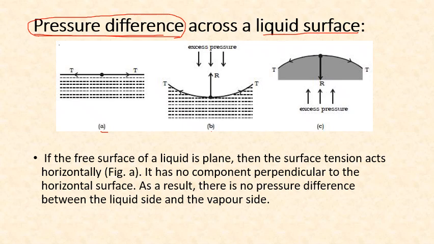Consider liquid 1, that is, figure 1, where the surface of the liquid is a straight line. Now, for a surface to be straight like this, let us consider a particle lying on the surface here. It will experience four types of forces.